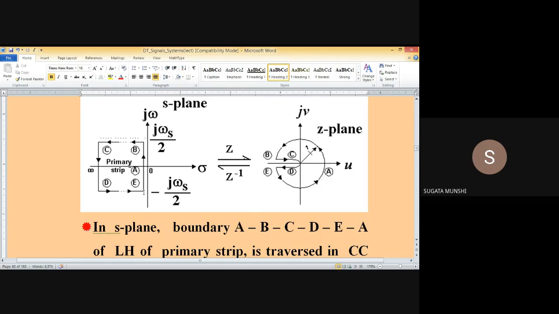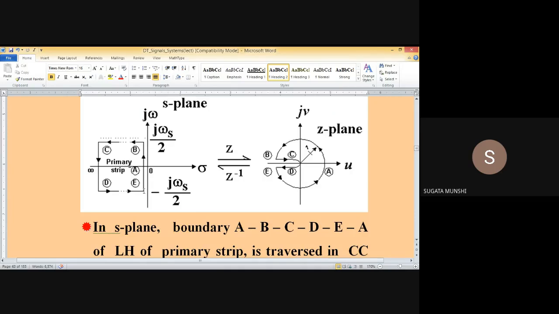So as you reach E, the argument remains the same, minus pi radians, but from a value of 0 at D the magnitude is increasing. So that's why you are traveling in this direction. When you reach A, sigma is 0, so the magnitude will again be 1. It will again come back to the circumference of the unit circle.